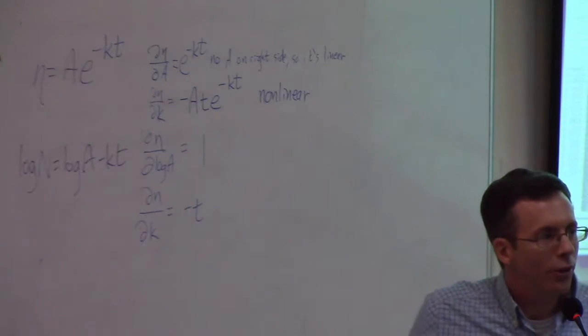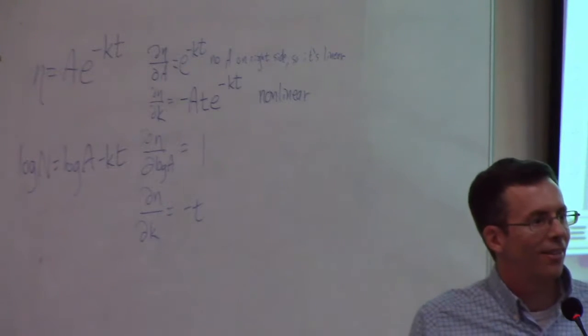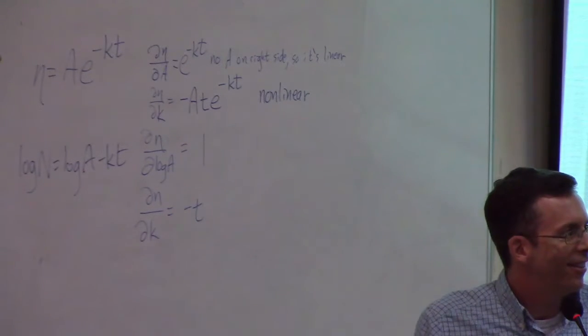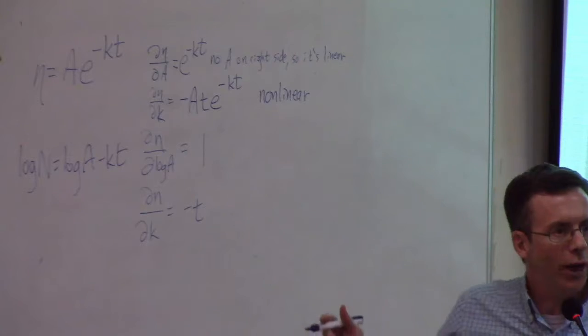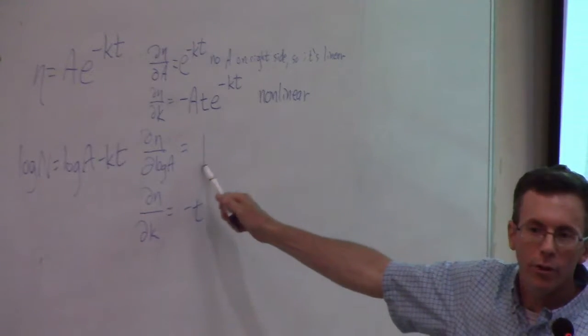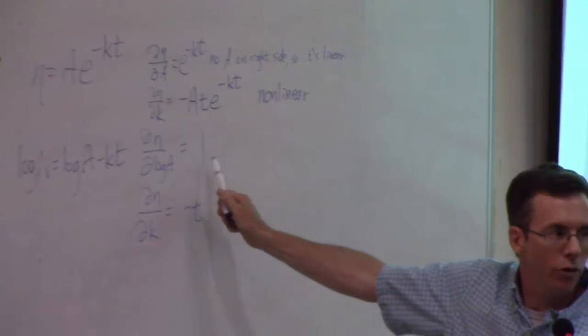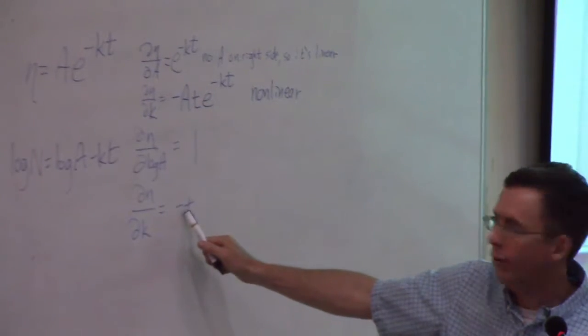Okay, so linear or nonlinear? I heard both. It's linear because there's no log a and there's no k.